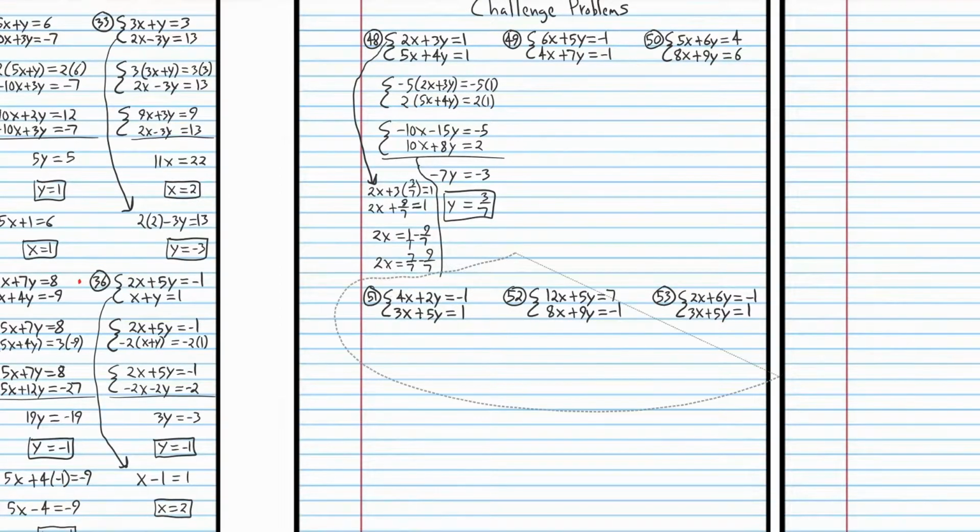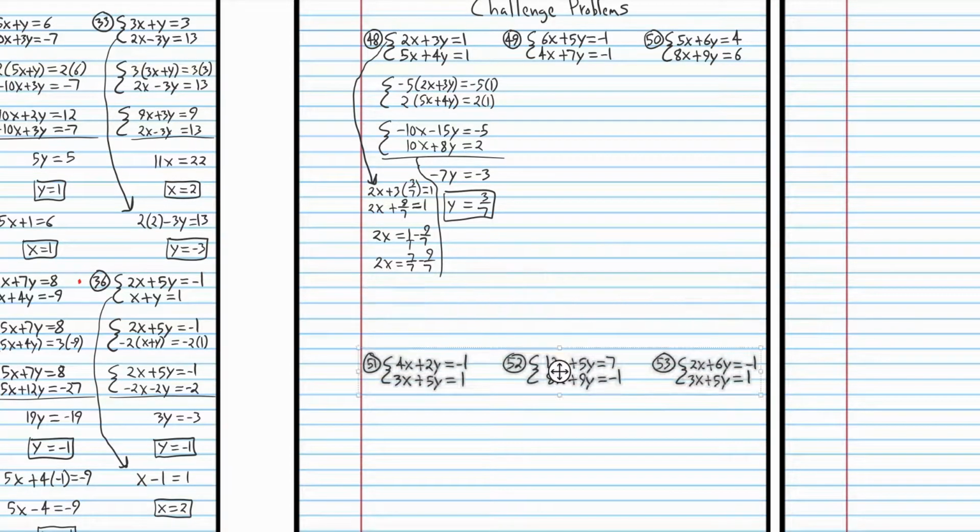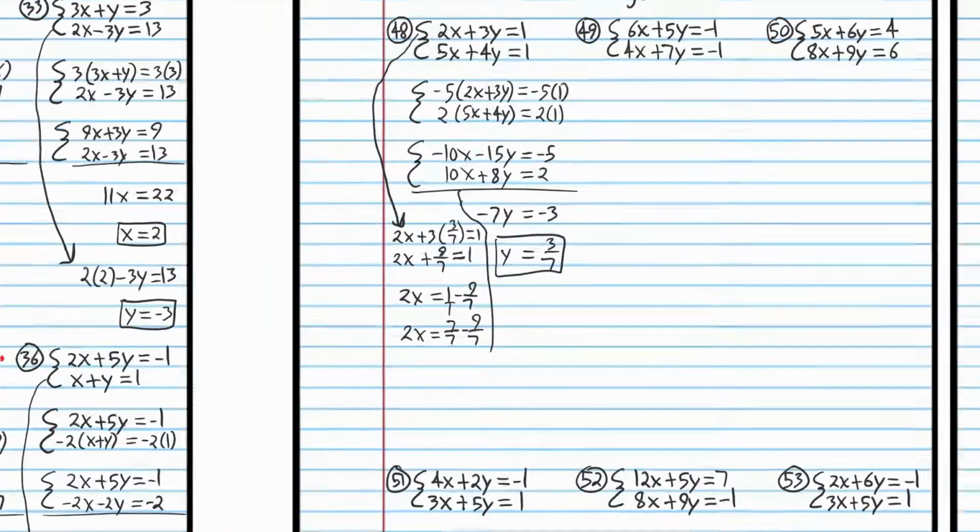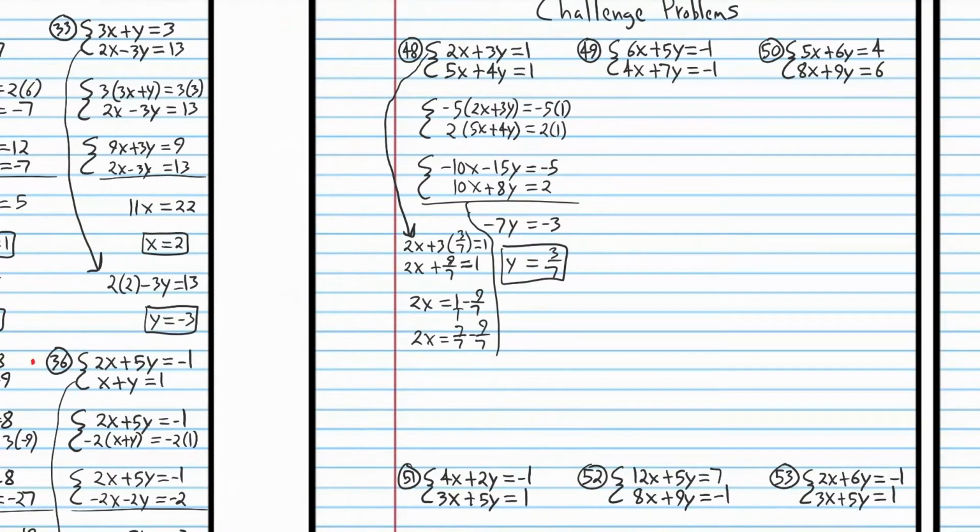I don't think we're going to have time to get to these problems down here, so I can just move these down. In fact, I'm going to go ahead and just rewrite all this. Sorry about that. Because now I have enough room.